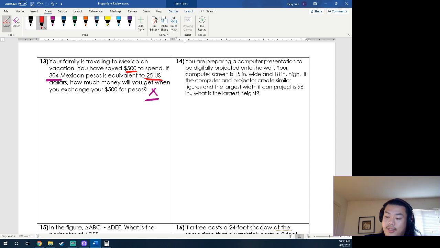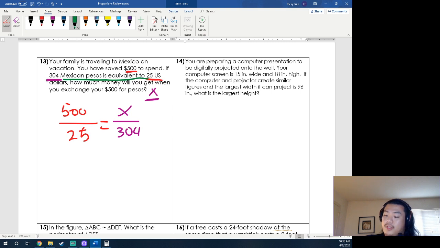We're going to start with 500 over 25 is equal to X over 304, because remember, 304 is equivalent to 25. So we got to figure out 500 for X. All right, now we cross multiply.